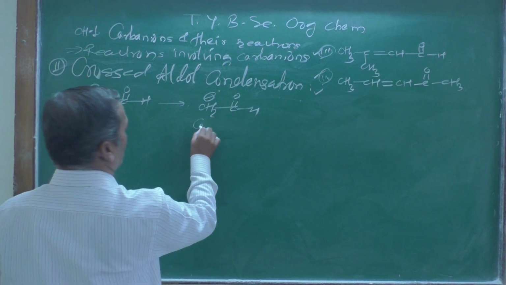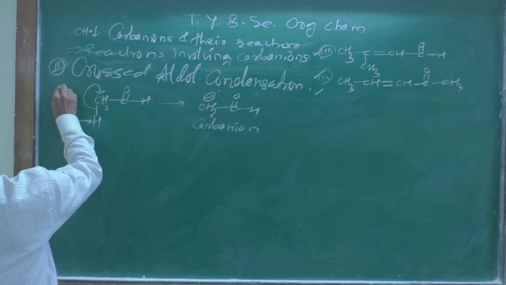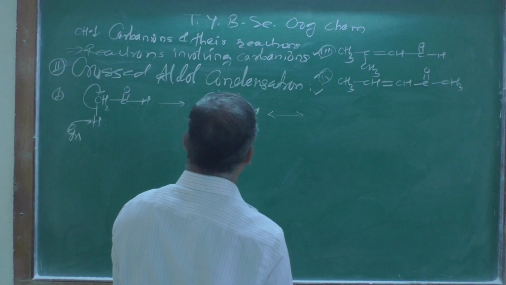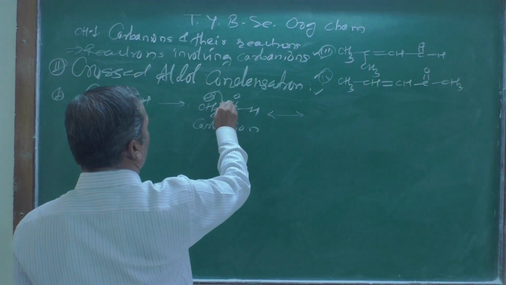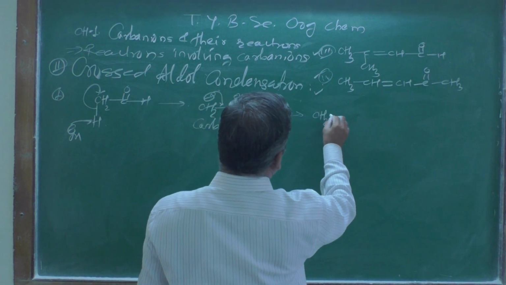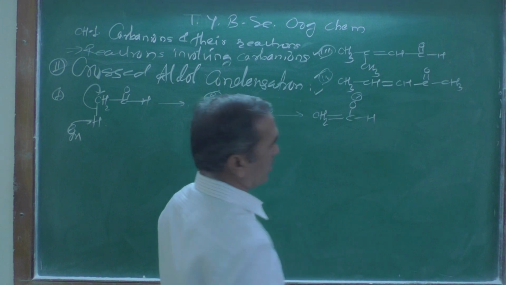This species is known as a carbanion. This is step number one, and now this carbanion further undergoes delocalization, and we are going to get CH2 double bond CO minus and the H over here, right?